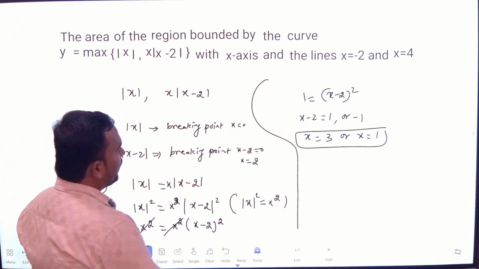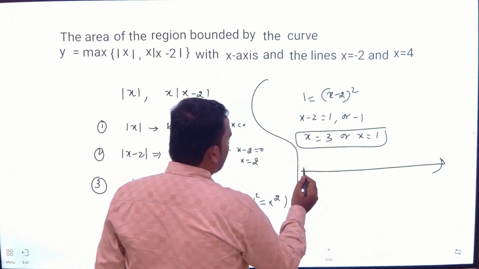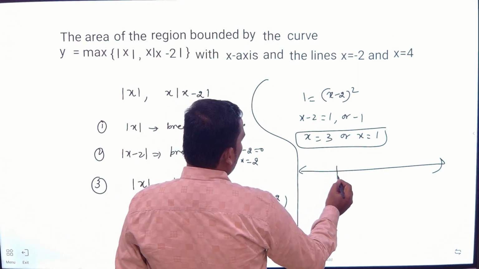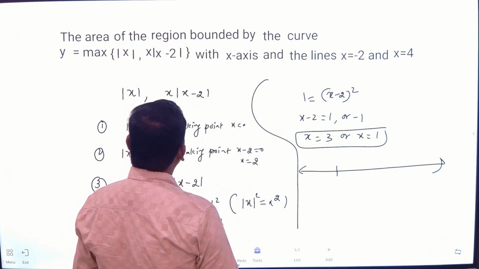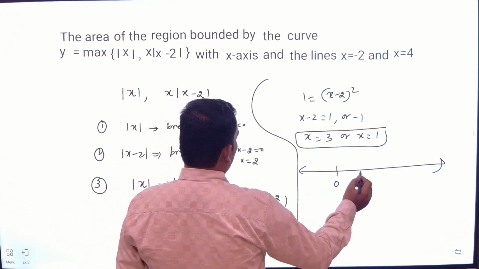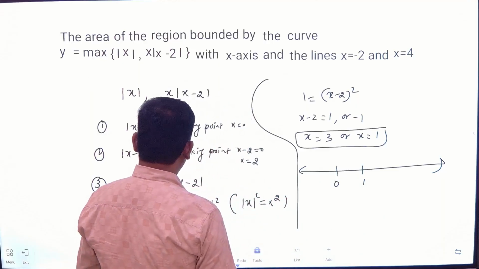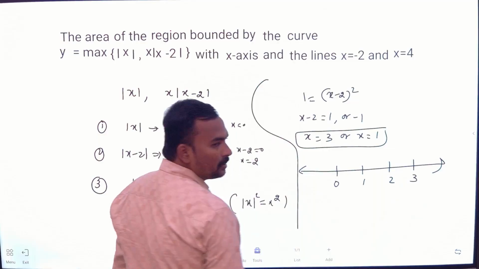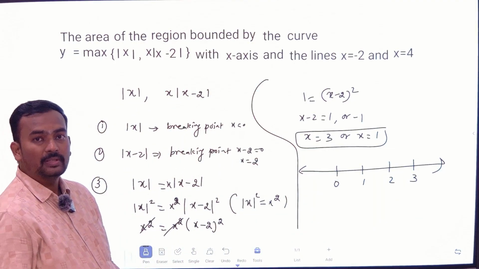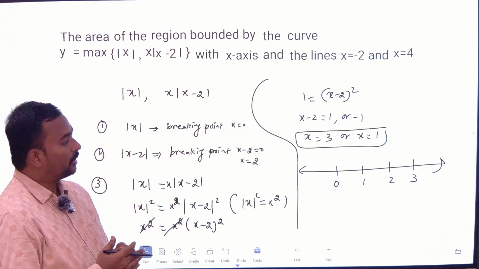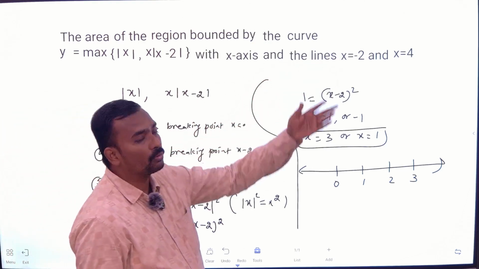So therefore, just put the breaking points on the number line. We found 0 first, then 1, then 2 already is there, right? Then 2 and 3. But you have to integrate under the curve from x is equal to minus 2 to 4.